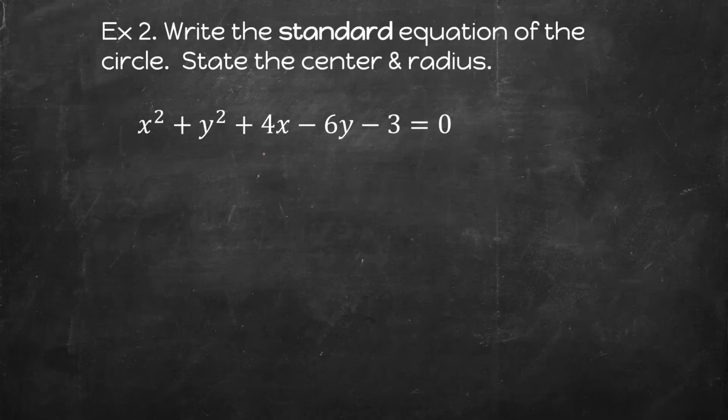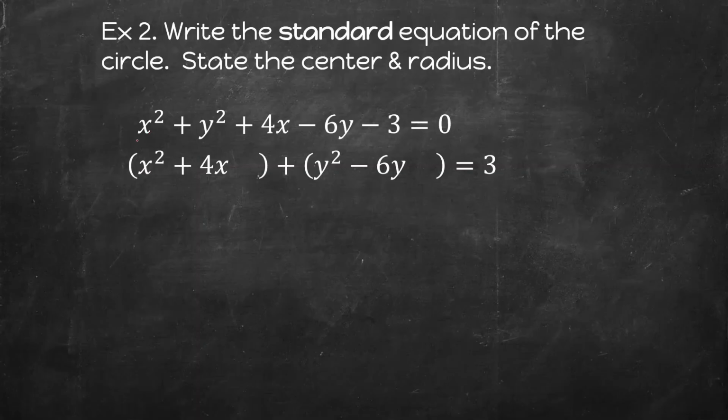So unang gagawin natin, pagsasama-samahin natin lahat ng x. Ayan. X squared, isasama natin si 4x, ililipat nyo si negative 3 sa kabila, so magiging positive 3 na siya. Si y squared, ayan, isasama nyo naman ngayon si negative 6y. After that, iisip kayo ngayon ng number.